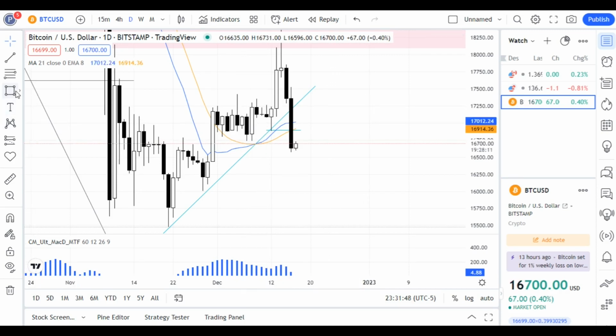If the next candle which will be formed gives us something like this, assuming we get, let's get some shape here.